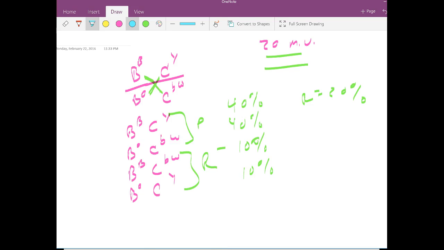And then the phenotypes of these guys would be banded yellow, unbanded brown, banded brown, and then these guys would be unbanded and yellow.